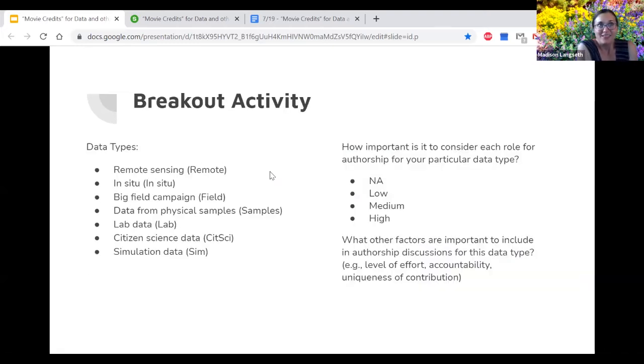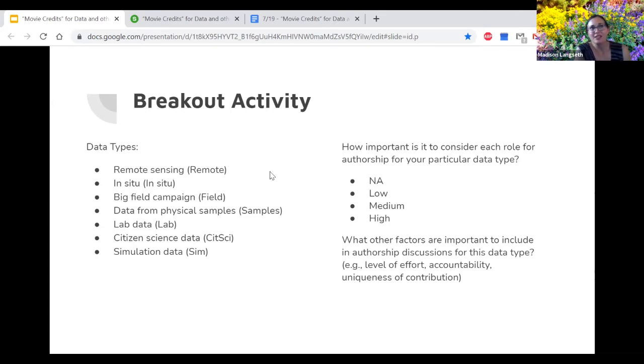So the cluster realizes that different roles may be more important for different types of data. We brainstormed a list of data types to help get us started, and I have those shown on the slide. We have data from remote sensing, in situ data, data collected through a big field campaign, data from physical samples, laboratory data, citizen science data, and simulation data.